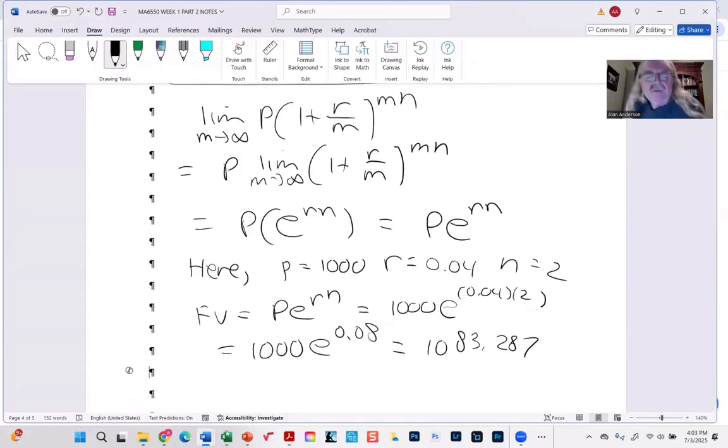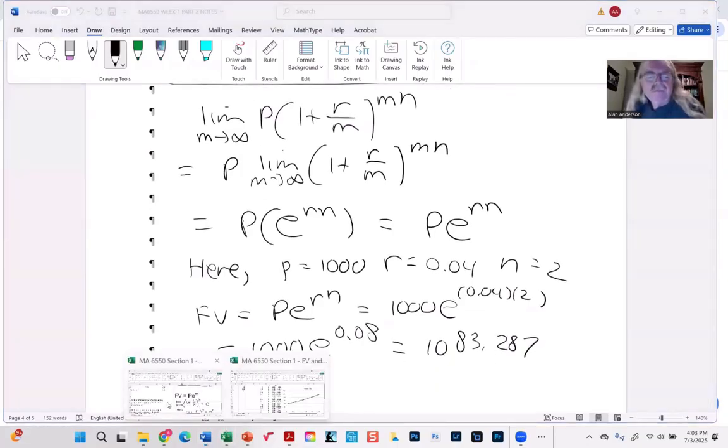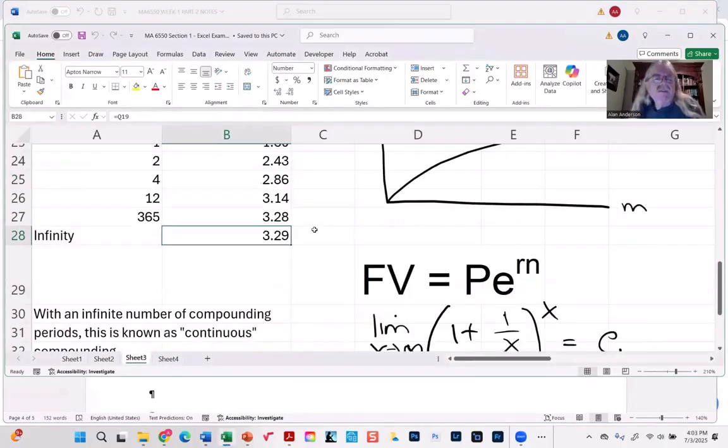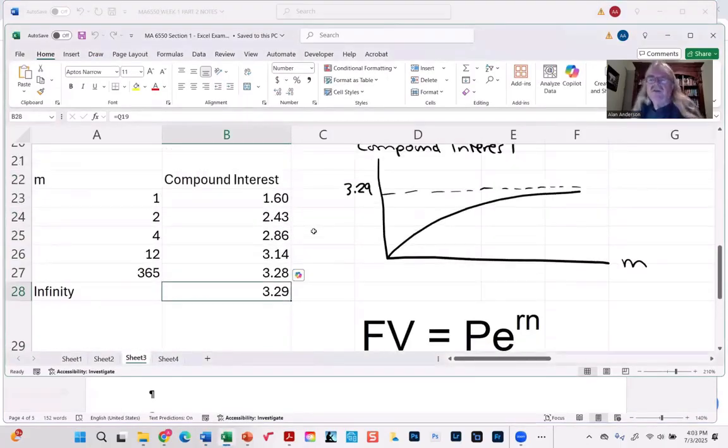Now, if you look carefully at this spreadsheet, you'll see that as we predicted earlier, as you continue to increase the compounding frequency, the compound interest that we earn will continue to increase, but the rate at which it increases is slowing down. And so eventually we'll reach this limiting case, which in this example is 329.